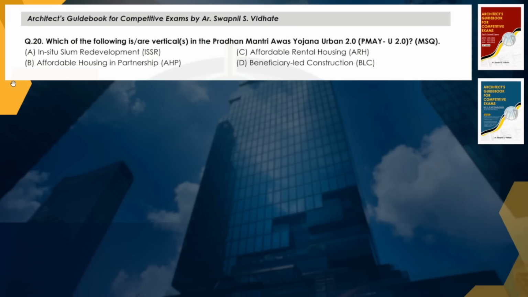Now this question was related to your current affairs and general knowledge about the ongoing government schemes related to housing and urban development. PMAY 2.0 was recently launched by the government.